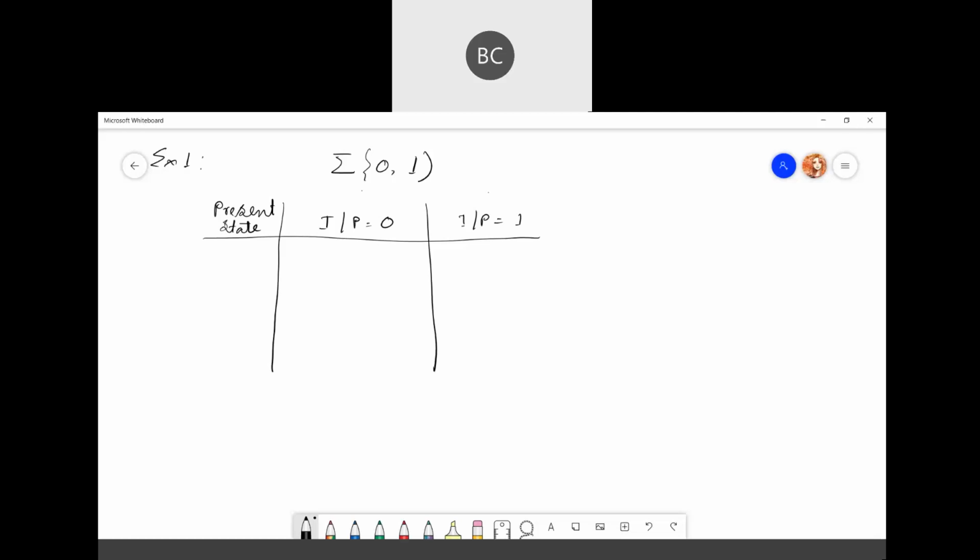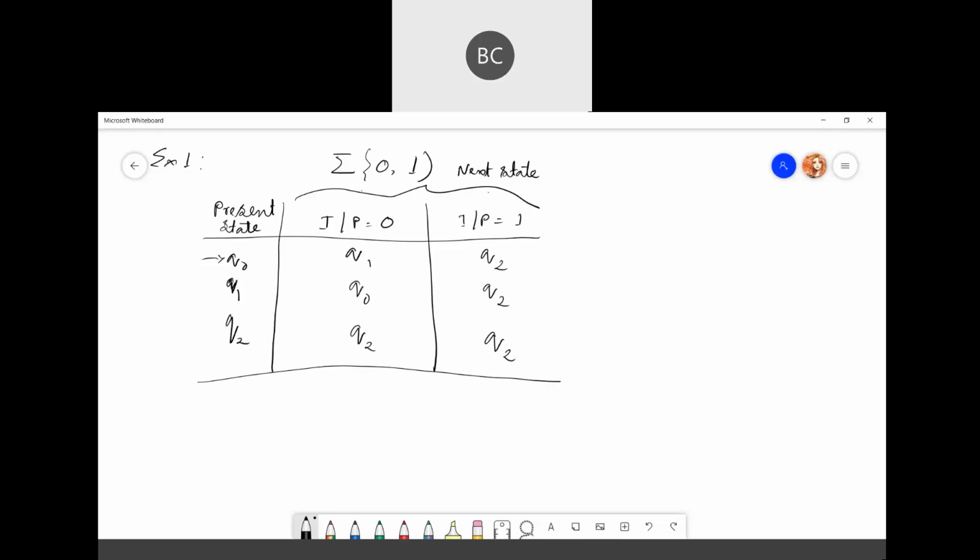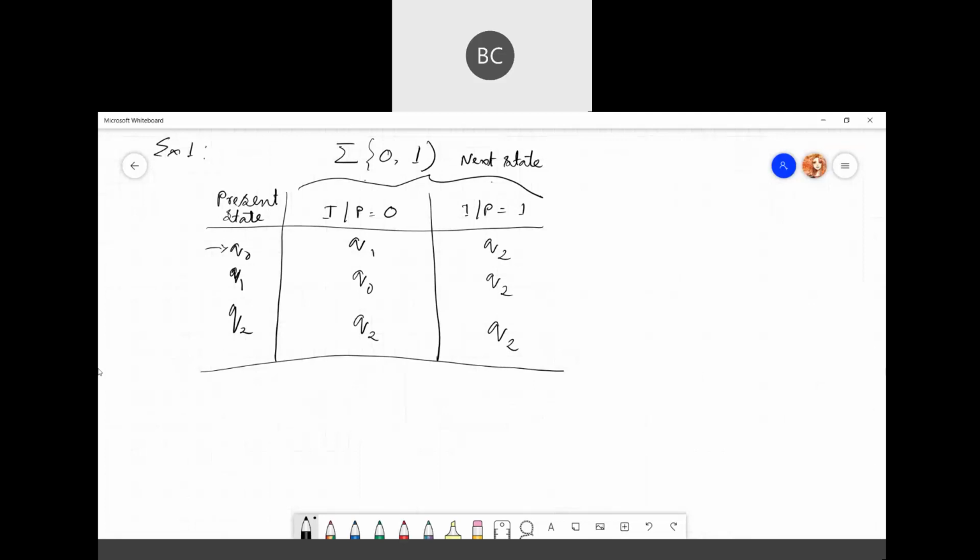Remember, these two are next states. This table is already given, so just think the table is given and you need to design the DFA, or the transition diagram, from here.